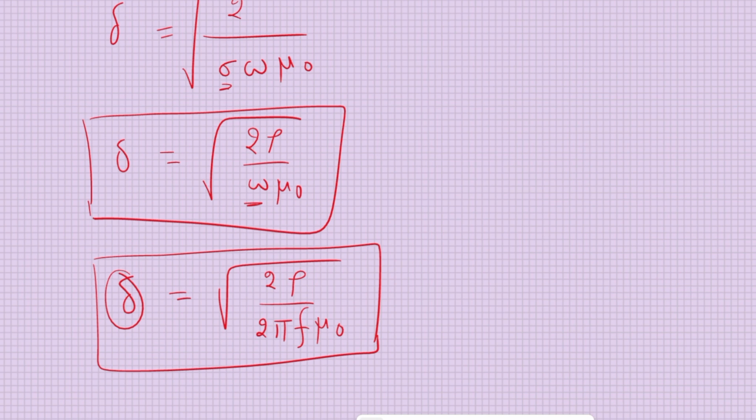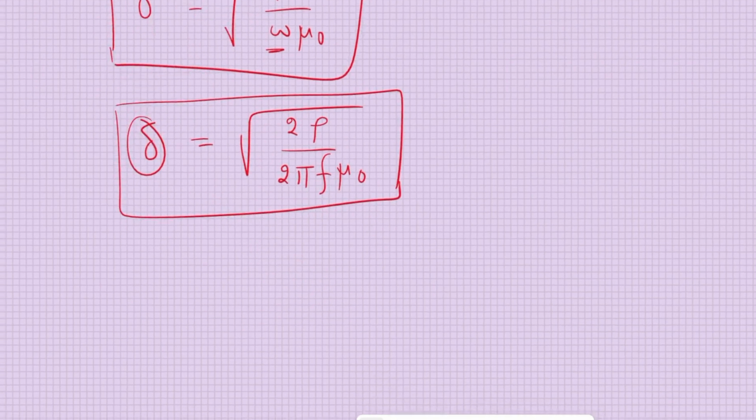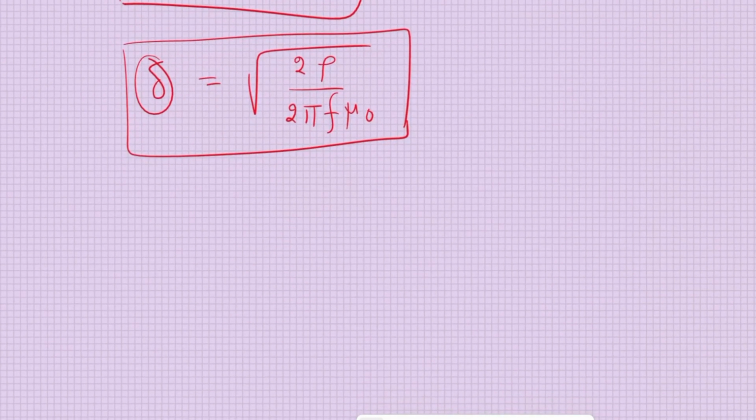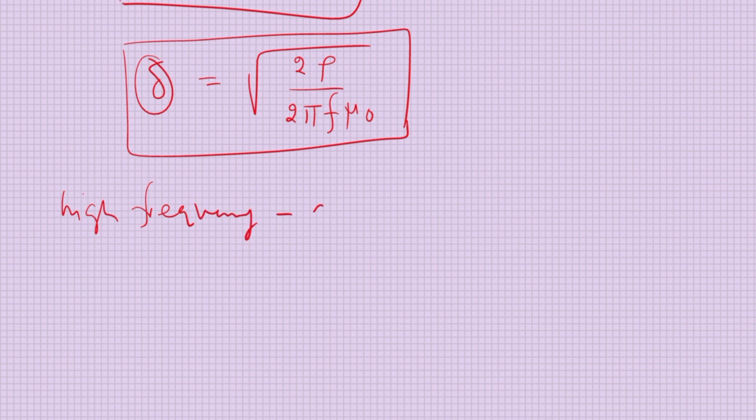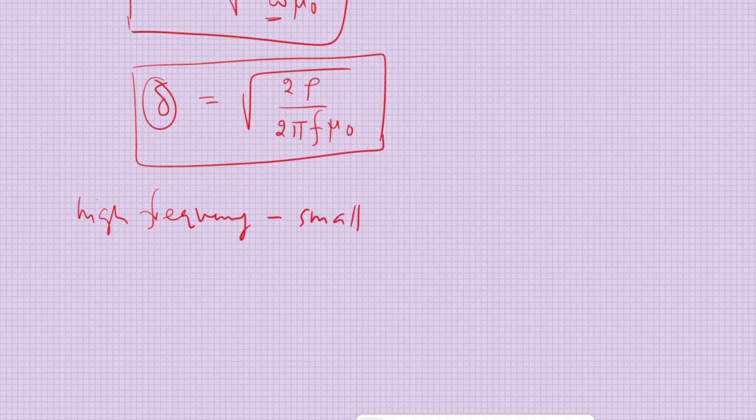Based on this discussion, what we understood is that skin depth is small for high frequency. So we will summarize the results we have discussed so far. High frequency, small skin depth.